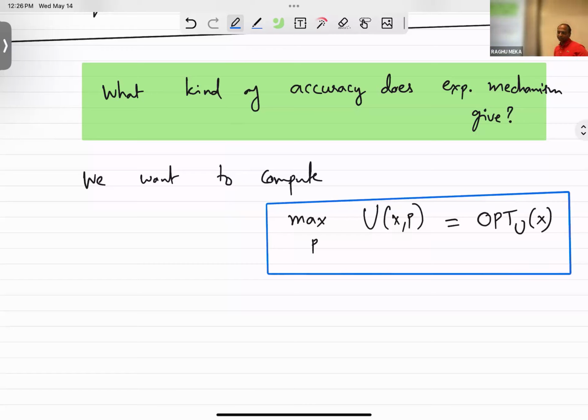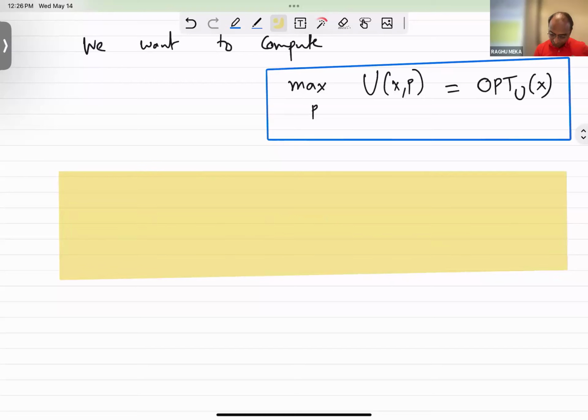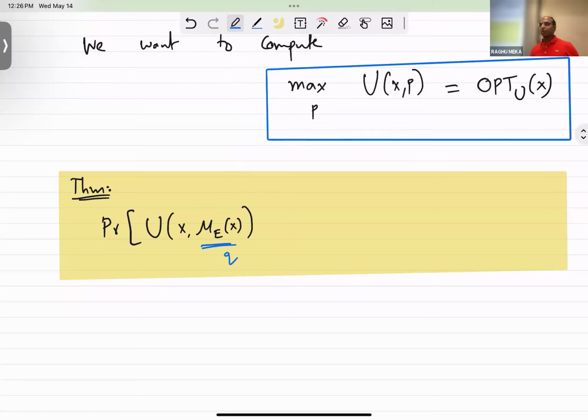Okay. And the nice thing about softmax is that you can guarantee that whatever the exponential mechanism outputs, let's call this Q. We are going to pick some other revenue, some other price, which is not necessarily the optimal, but will have differential privacy.